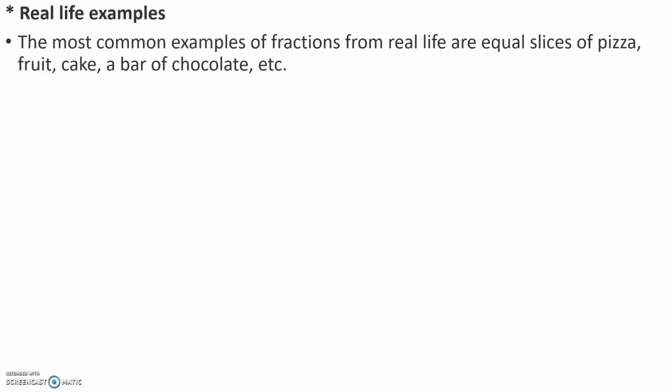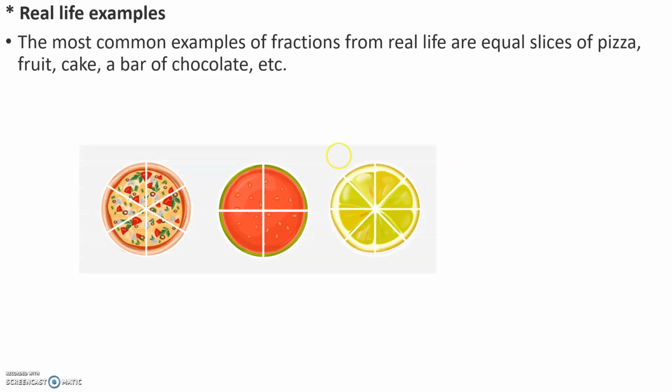Now, what are the real life examples of fractions? The most common examples of fractions from real life are equal slices of pizzas, fruit, cake, a bar of chocolate, etc. See, here, this is a pizza, whole bread is there, and out of that, they have made different slices, equal slices.